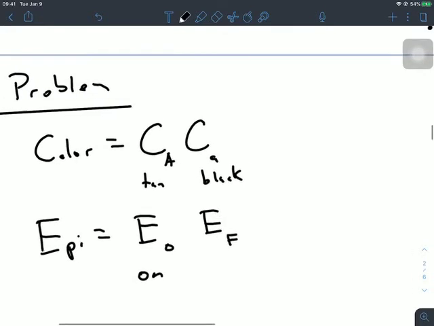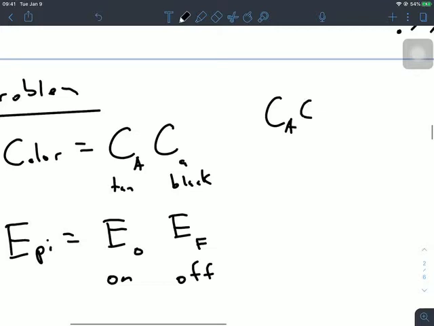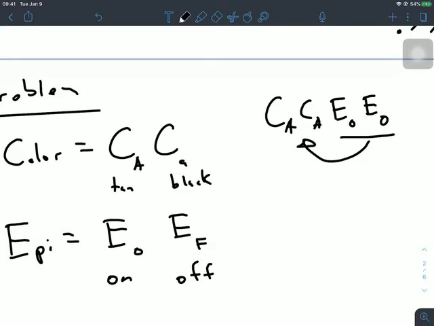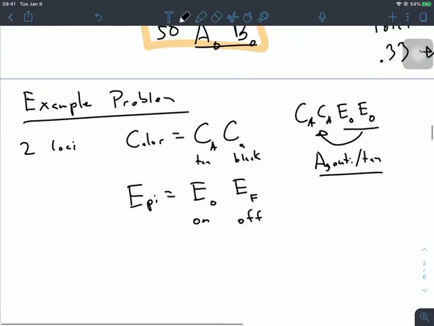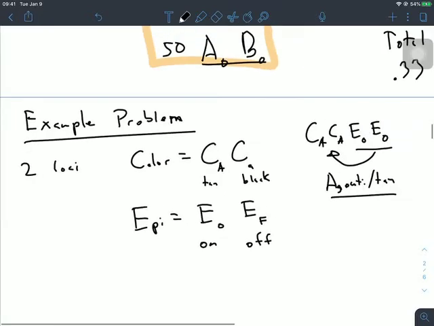And if you happen to be CA, CA, EO, EO, you make pigmentation, and the pigmentation that you make is our agouti tan. So just a reminder of the functionality here. So that gives you a setup for what the actual genes that we're looking at here are.